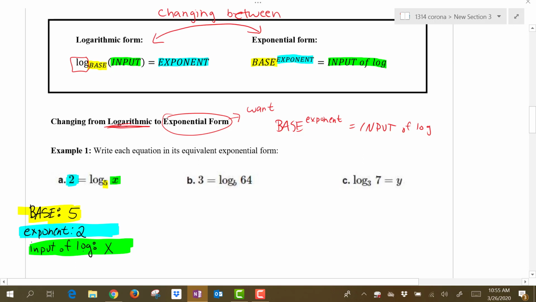Okay, now once we identify those three pieces, we're going to put them in a different order. We're going to put them in what we call the exponential form. Now the exponential form, remember, is the base raised to the exponent power is equal to the input of the log. So the base is 5. Take that base, write it big. Put the exponent back on the base as that tiny number to the upper right equals the input of the log.